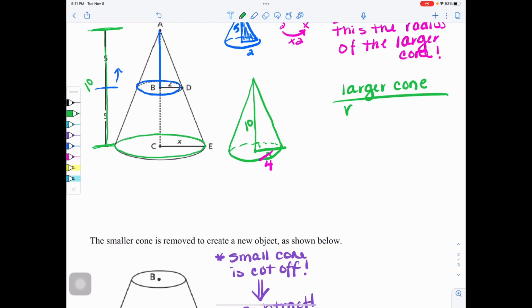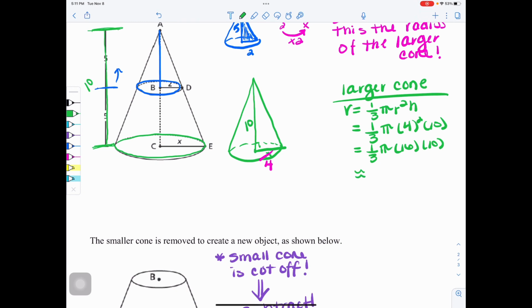I know it's a cone, so that's V equals 1/3 pi r squared h. I'm looking for the volume, so I'm going to fill everything else in. 1/3 pi. I now know the radius of the larger cone is 4. I know the height is 10. That is 1/3 pi times 16 times 10. Now here, I changed it into a decimal just to show you that you can.